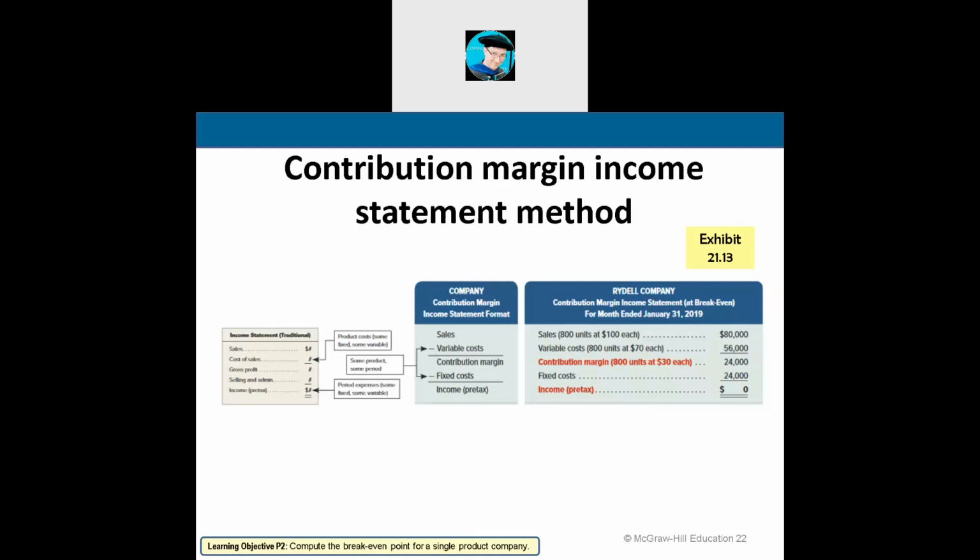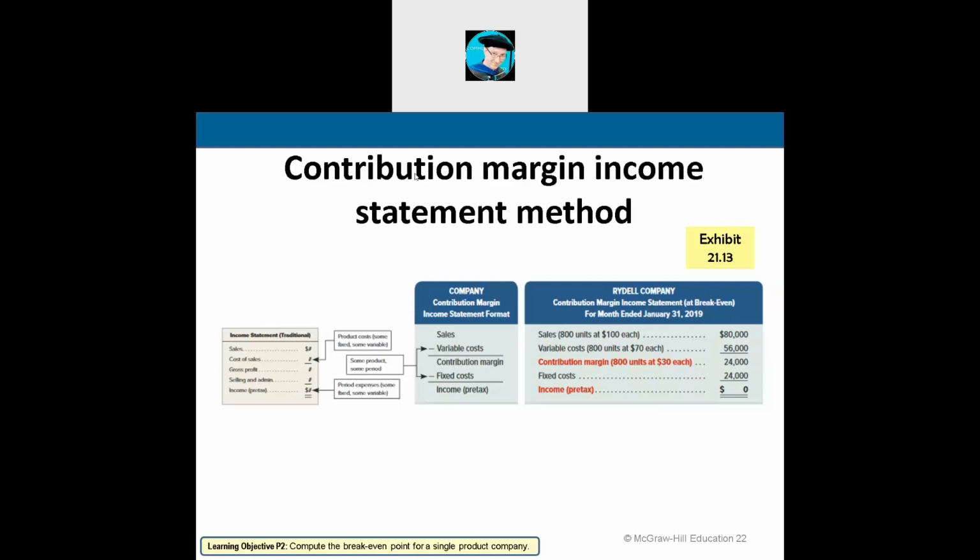Now, how do we do that? Well, sales. That's our revenue. Our sales, in this example, and this is always at the top of your income statement, is $80,000. 800 units times $100 each.